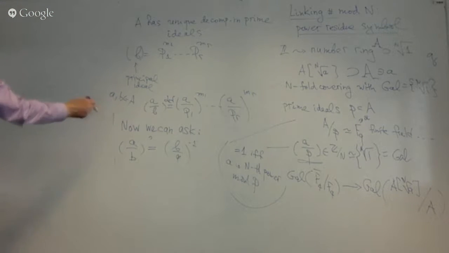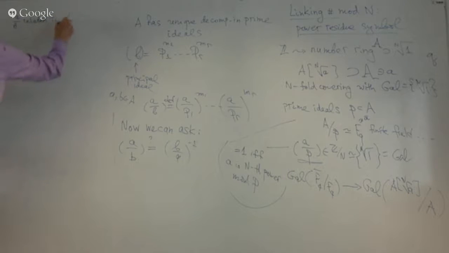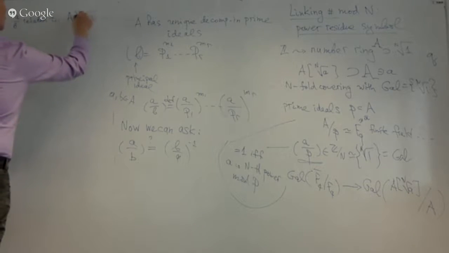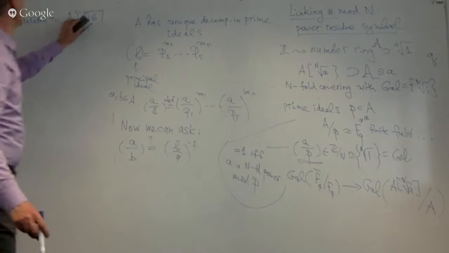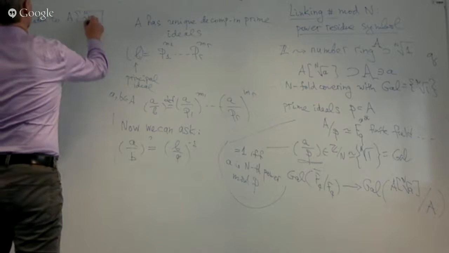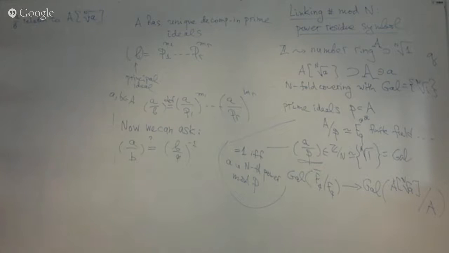If we do A mod B, then A mod B is related to A adjoined the square root of B, the nth root of B. Sorry, that's the square root of A, the nth root of A. Yeah, that's what we discussed.